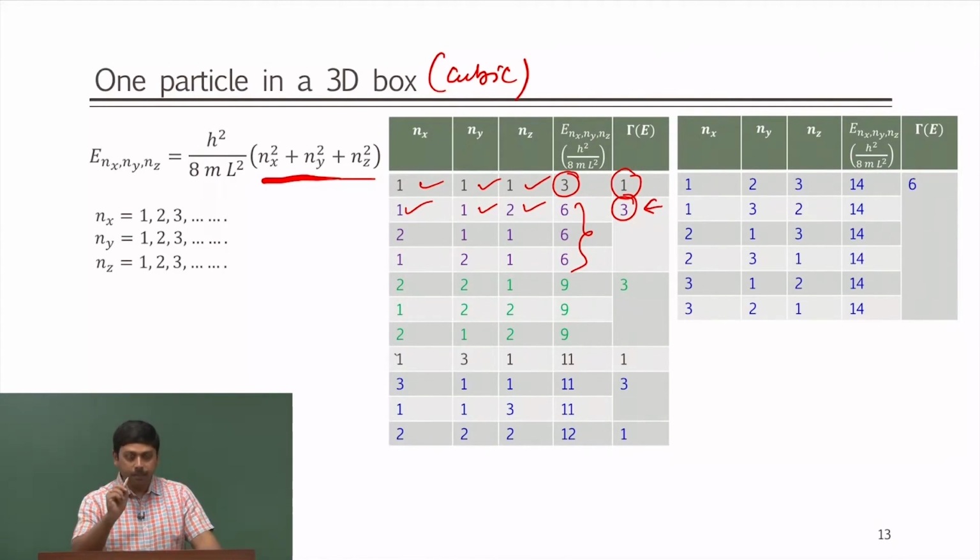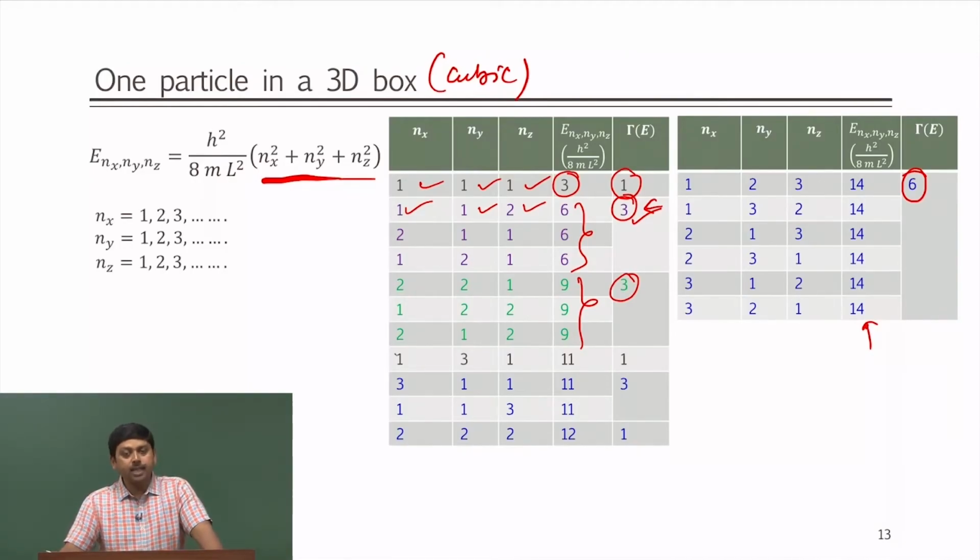We are getting 3 possibilities when the energy is 6, again 3 possibilities when the energy is 9, and 6 possibilities when the energy is 14, and many more. Probably we will get more possibilities when the energy increases.